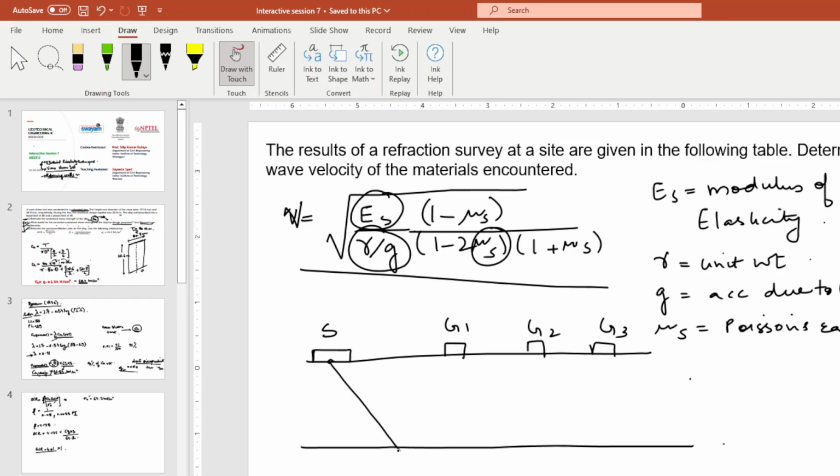This will be the velocity in the first layer, velocity in the second layer. So here this refraction will take place because this layer will travel. One moment, please.